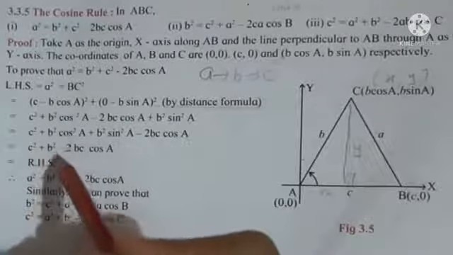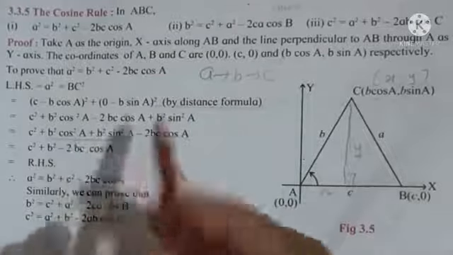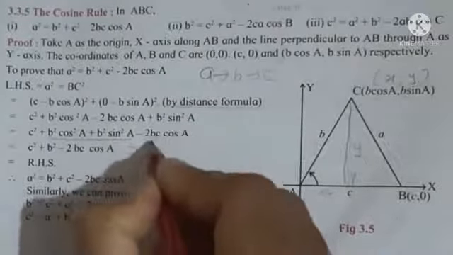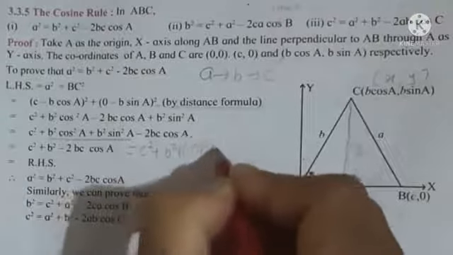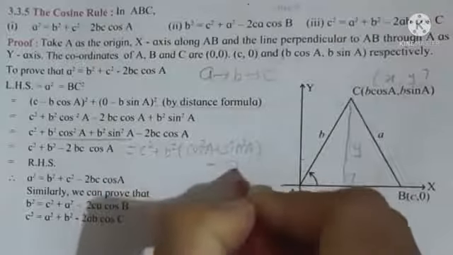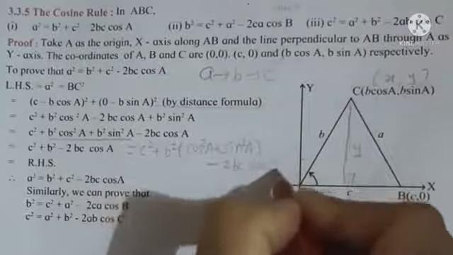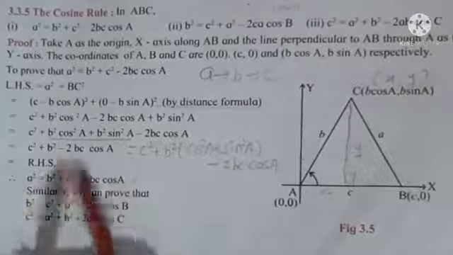c square plus, here common is b square. Next step I write here c square plus b square into bracket cos square A plus sin square A minus 2bc cos A. So we know sin square A plus cos square A is 1.